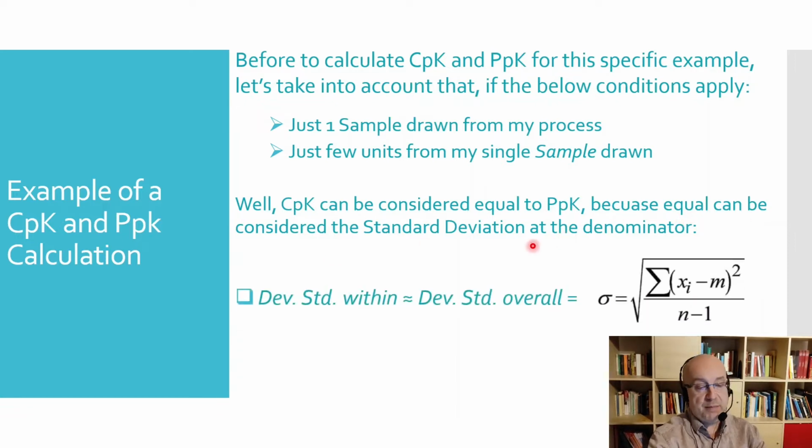If you remember from my previous tutorial, this is the formula of the standard deviation used for Cpk and Ppk calculation. This is the standard deviation overall. If these two conditions apply, the standard deviation within can be considered equal to the standard deviation overall. Let's recap also that the standard deviation overall is used to calculate Ppk, while the standard deviation within is used to calculate Cpk.